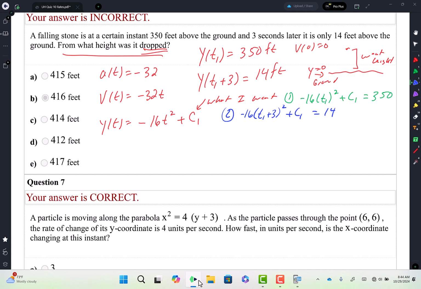I'm just expanding it. I'm going to go slow. Negative 16 parentheses t1 times t1 is t1 squared plus 3 times t1 is 3t1, but you're going to have 2 of them. So 6t1 plus 3 times 3 is 9 plus c1 equals 14. I'm going to distribute. Slow down.